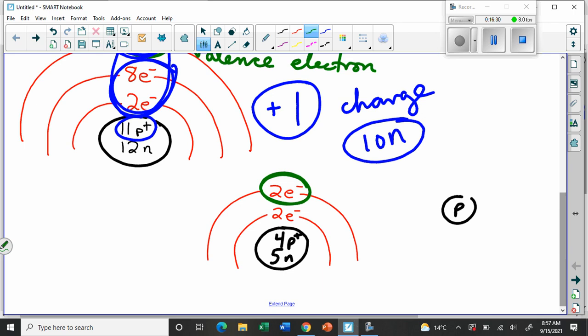And so for him to get full, he either has to find 6 more, which is harder, or just get rid of those 2. So most of the time, he will simply get rid of those 2 electrons right there. And when he does that, he will become charged. If you count the pluses and minuses, you'll notice that the 4 pluses here and the 2 electrons left over means he'll have a 2 plus charge.